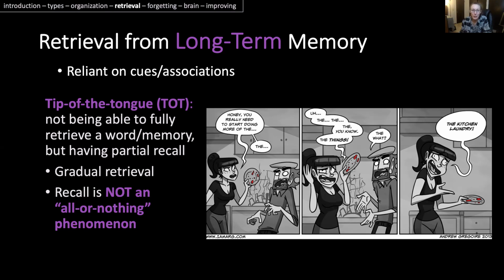When we use gradual retrieval, when we start with the most basic or salient parts of a memory in order to retrieve the whole memory, we don't have to recall every aspect of the memory right away. So this allows us to store much more in long-term memory, but with the trade-off of sometimes having to work bottom up in order to try to recall something that's either a huge memory or distant memory.